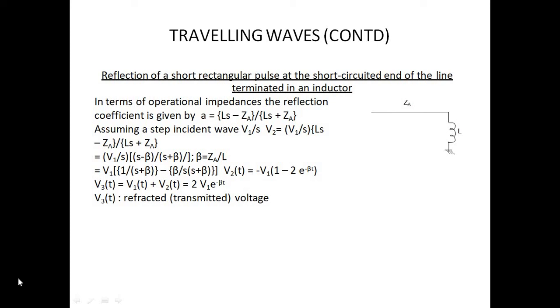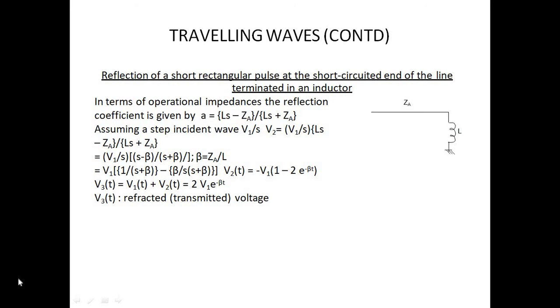Assuming the step incident V1 divided by S, V2 is equal to V1 divided by S into (Ls minus ZA) divided by (Ls plus ZA). Then it is V1 divided by S into (S minus beta) divided by (S plus beta), where beta is equal to ZA divided by L. Then V2 is equal to V1 into (1 divided by S plus beta minus beta divided by S into S plus beta).